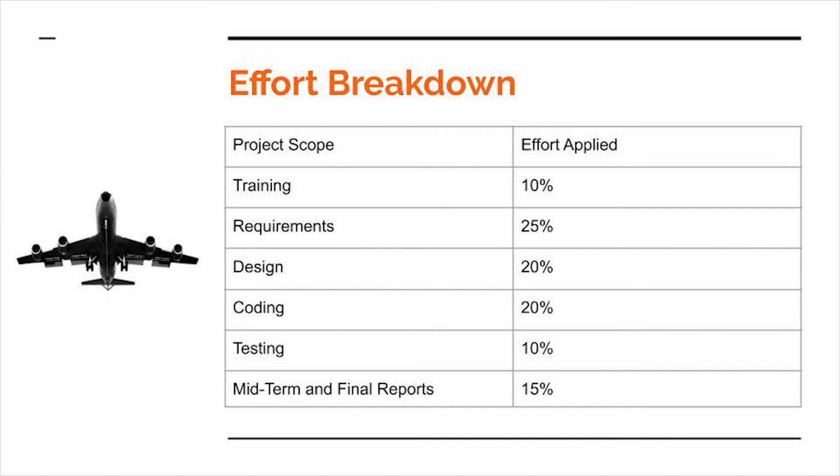We couldn't really do anything coding-wise until we had the design down, so we spent a lot of time going back and forth on that and maybe changing some of the code based on new requirements requested for the design. And then testing, that was kind of our last end of sprint 4 that we worked on. And then for midterm and final reports, that'd be like this, and the midterm presentation, those took up a considerable amount of time, so that was about 15% of our effort.